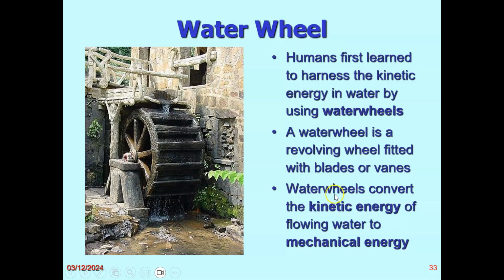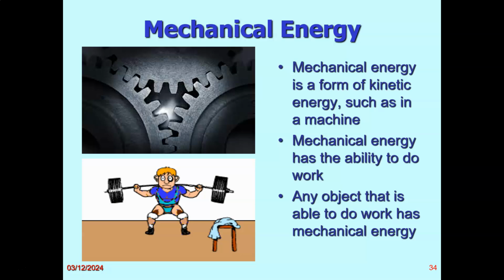So in principle, water wheels convert the kinetic energy of the falling water to mechanical energy. It's quite important. The idea is represented in this picture. Mechanical energy, of course, is the capability of doing work.